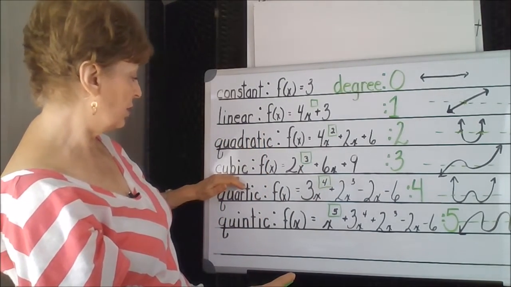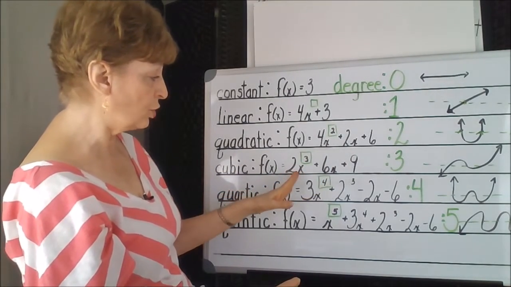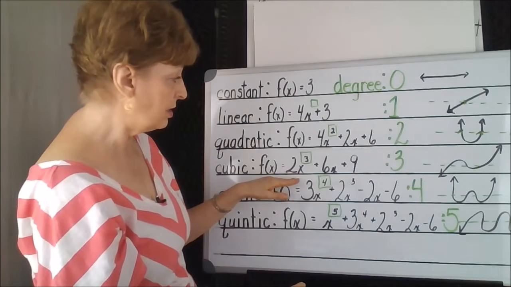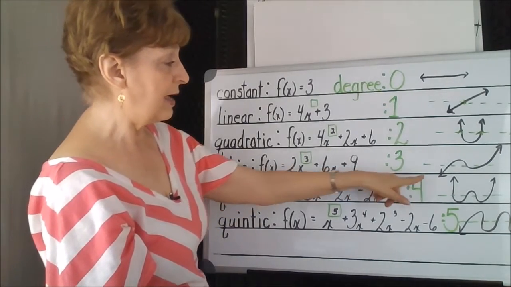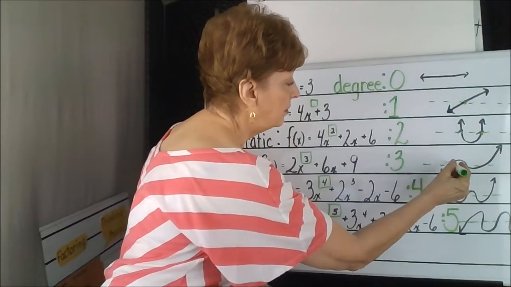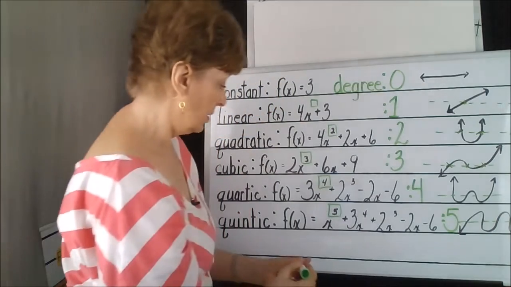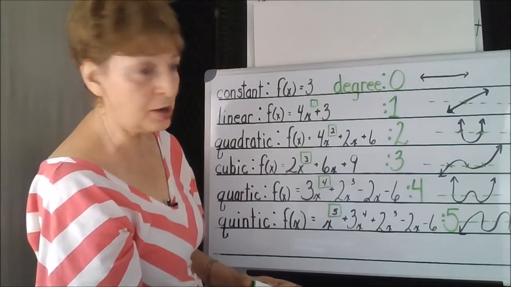Next is the cubic, and our exponent tells us it's the highest degree of this equation. It's a 3rd degree, and it can potentially hit the x-axis 3 times. 1, 2, 3. And so the pattern goes.